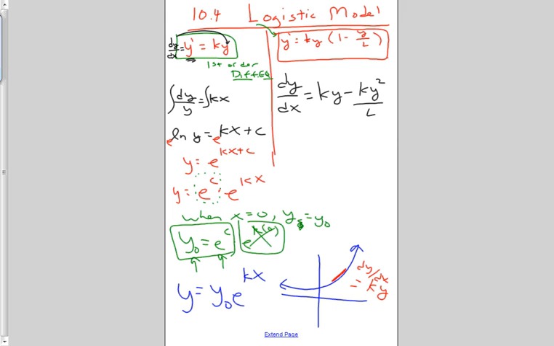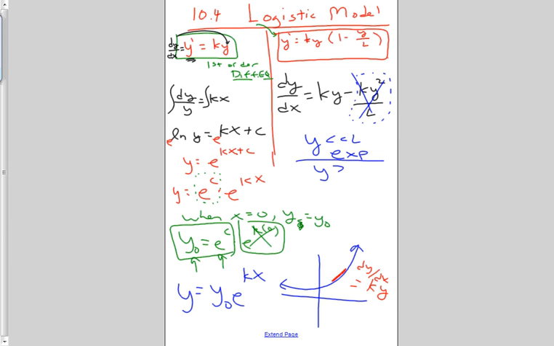And this idea is really important right here. This is saying that when y is much smaller than L, that term kind of goes away, and we're left with just exponential.